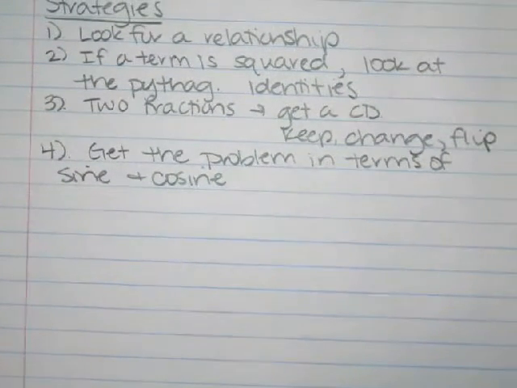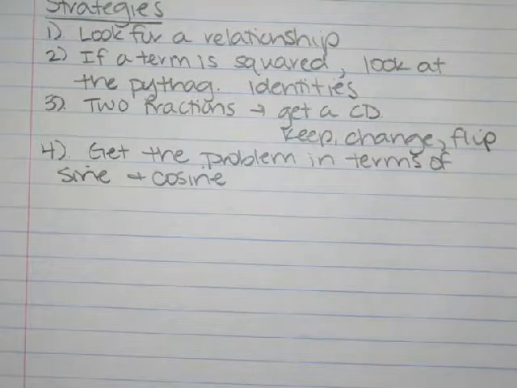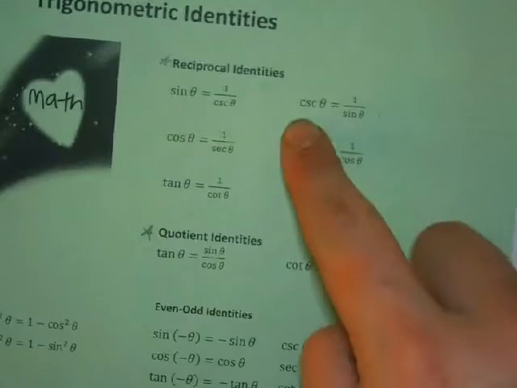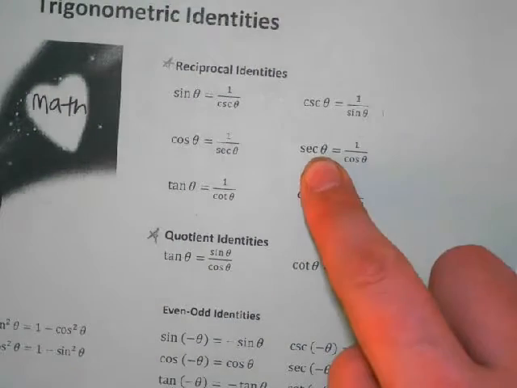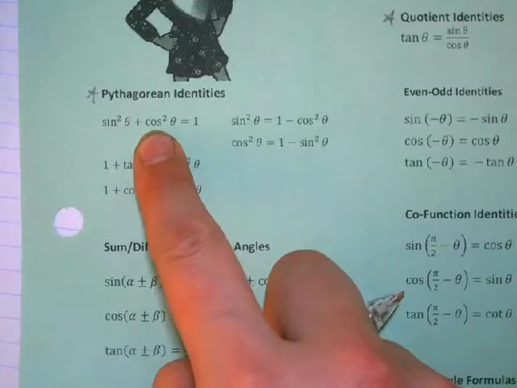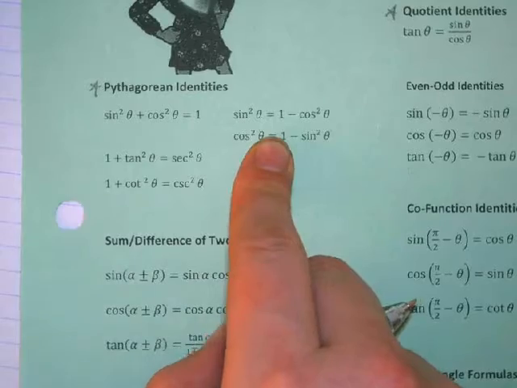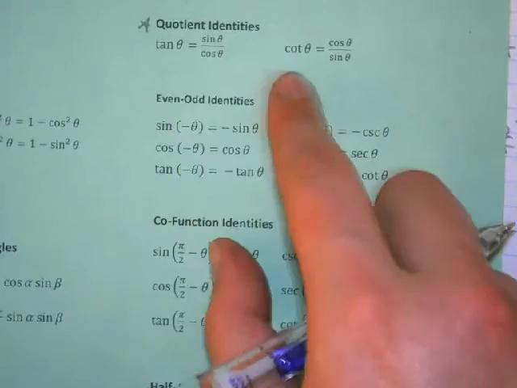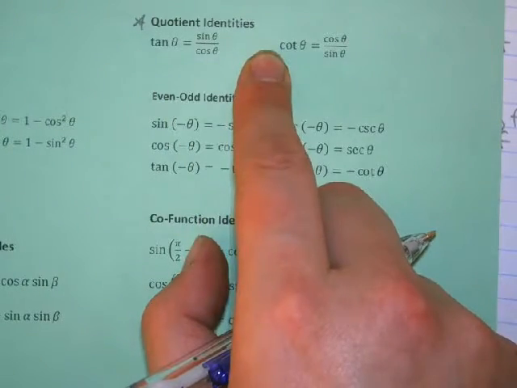So the reason that we often get the problem in terms of sine and cosine is because cosecant and secant go straight to sine or cosine. Sine squared and cosine squared go back and forth. And cotangent and tangent both can be in terms of sine and cosine.